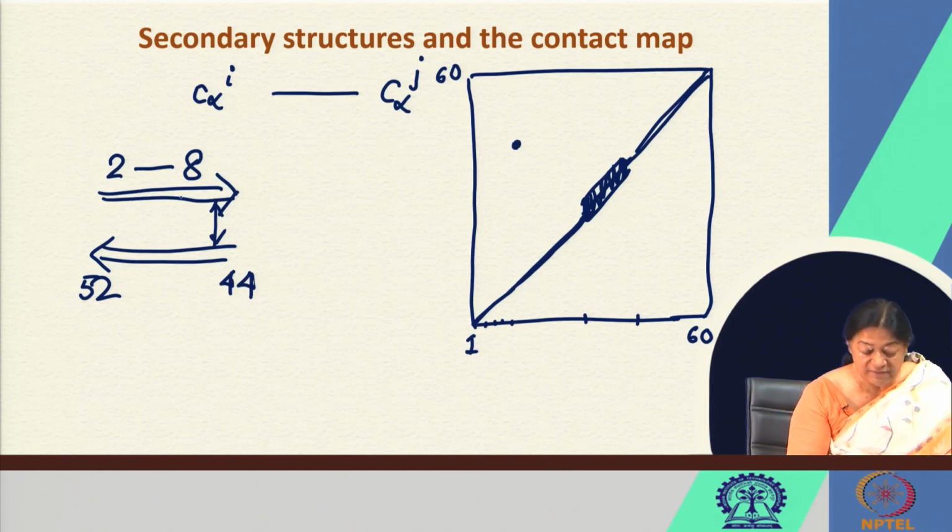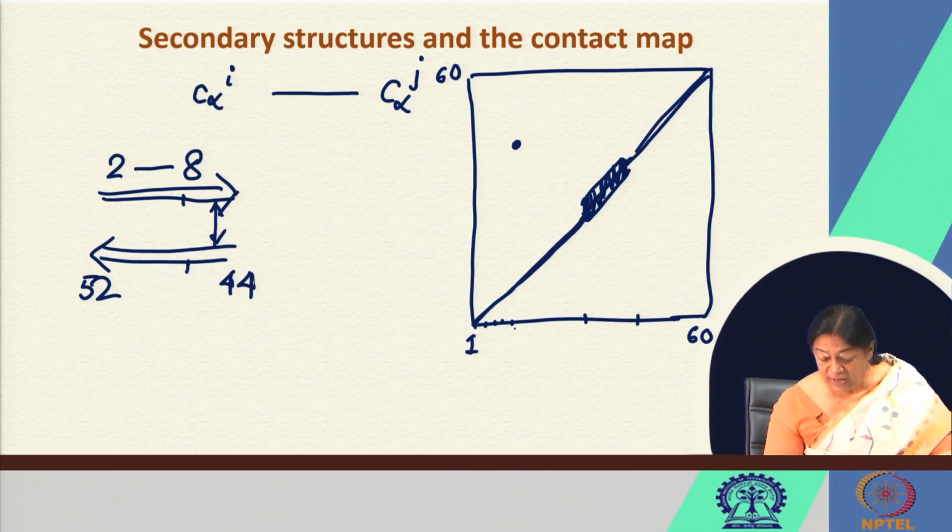Then I would have 7 that is close to 45. So, let us just mark it here. This would be 44 and this would be 8.